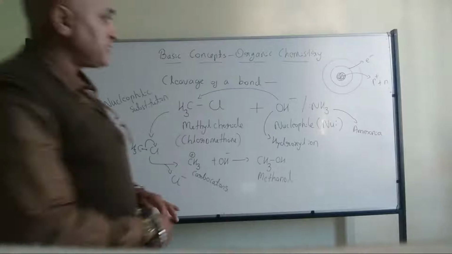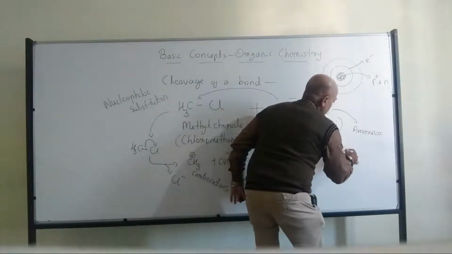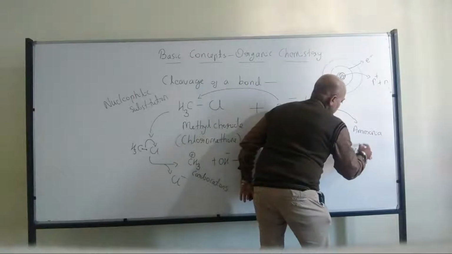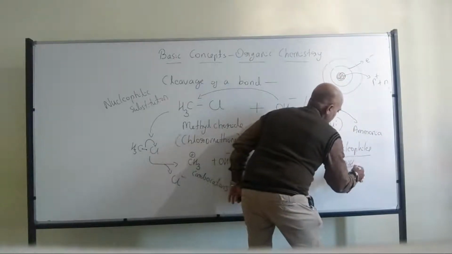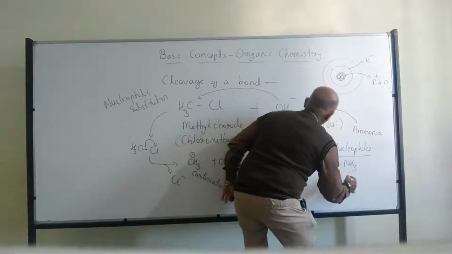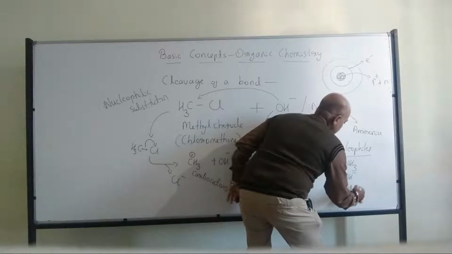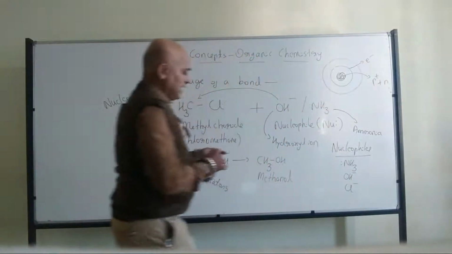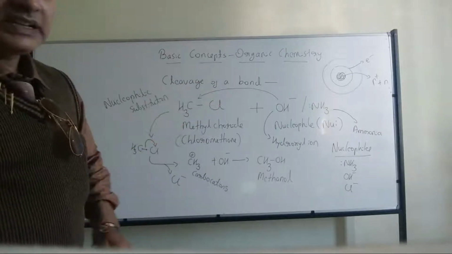No, Shashank. So I will write here on the board whatever nucleophiles are there. That is ammonia, since it is having a lone pair of electrons, then OH minus, then Cl minus. They are all examples of nucleophiles.